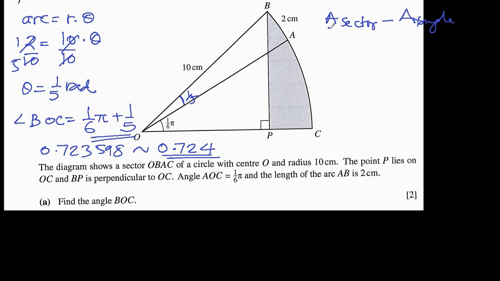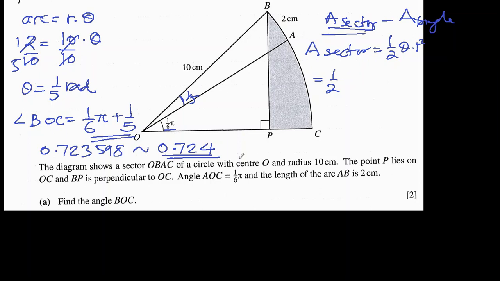Okay, so let's find the area of sector first. Area of sector is half theta r square. For this whole sector, the angle is 1 over 6 pi plus 1 over 5.